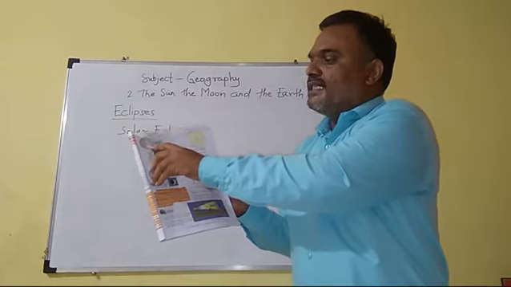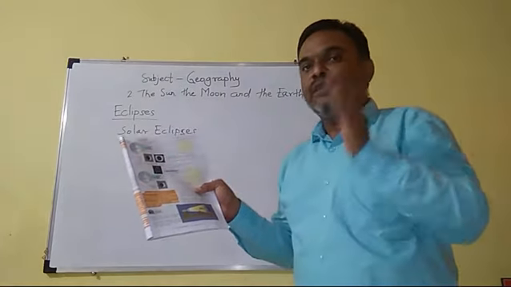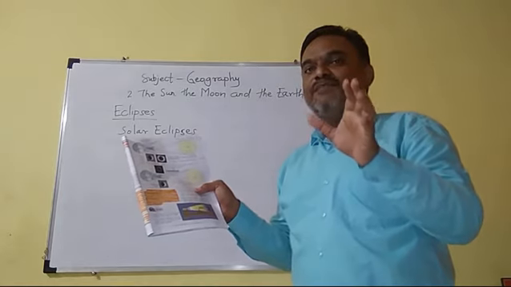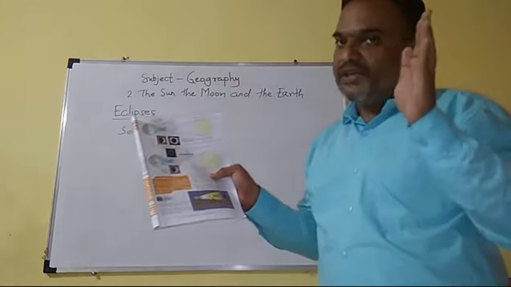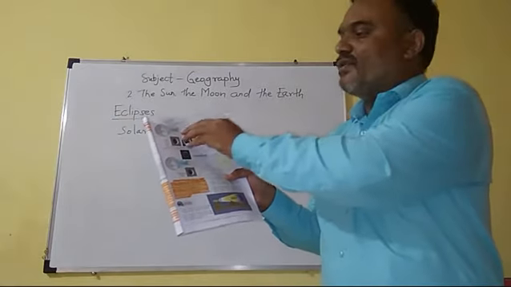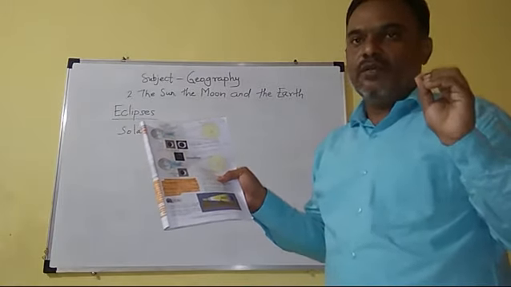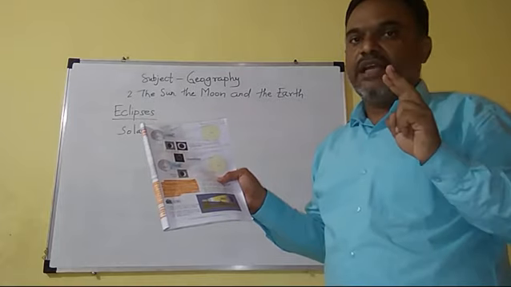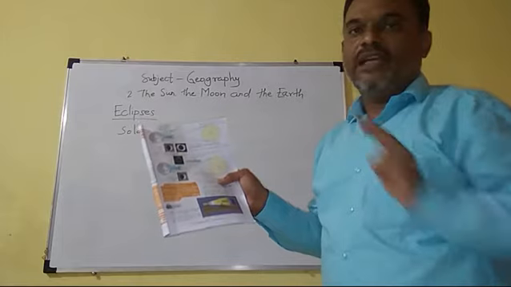And the region on the earth where the lighter shadow of the moon falls, from there the sun is partially seen, and this condition is called partial solar eclipse. So there are two types of solar eclipse: total solar eclipse and partial solar eclipse.